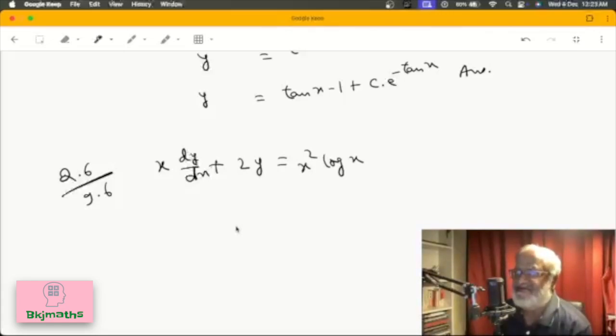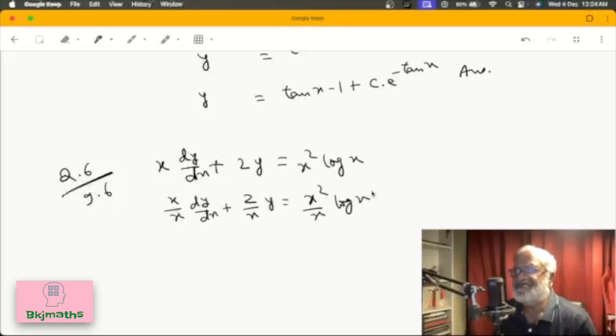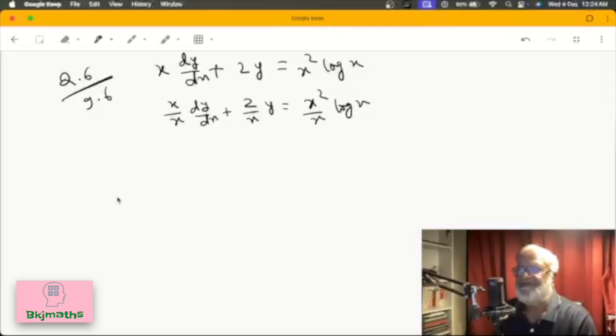So the coefficient of dy by dx must be 1. So divide the entire equation by x. So x upon x dy by dx plus 2 upon x y equals x square upon x log x. So dy by dx plus 2 upon x into y equals x log x.